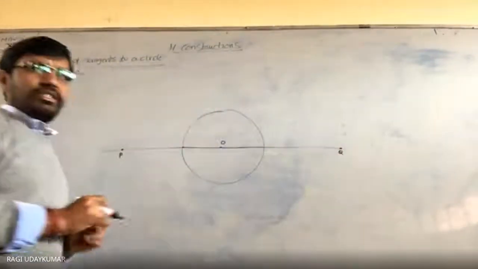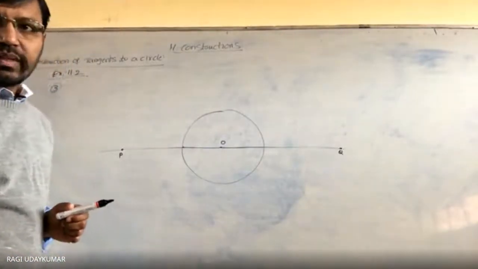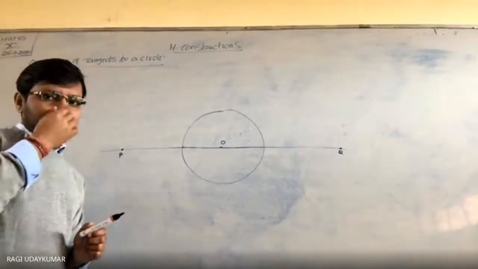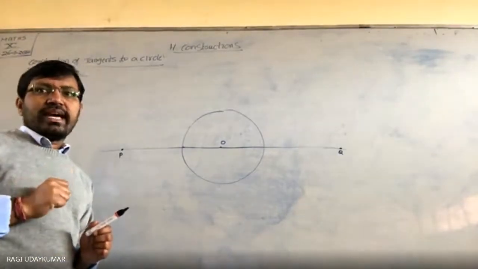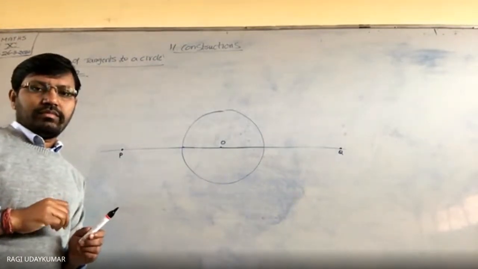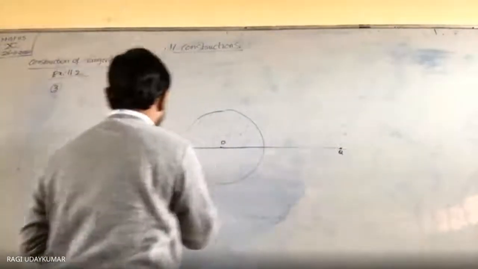Can anyone say what is the distance of PQ? PQ का distance क्या है पता है? 14. Yes, 14. Simple logic है. ये इधर से इधर 7, ये इधर से इधर 7.